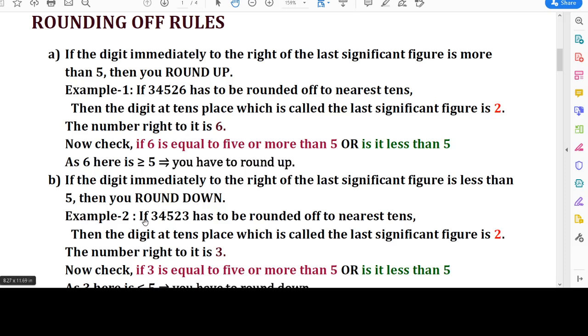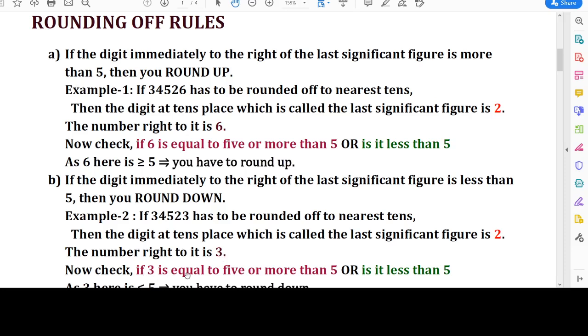For example, in this number 34,523, which has to be rounded off to the nearest tens, the digit at tens place, which is also called the last significant figure, is 2. And the digit right to it is 3.